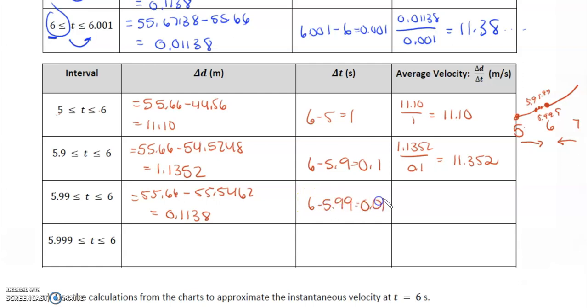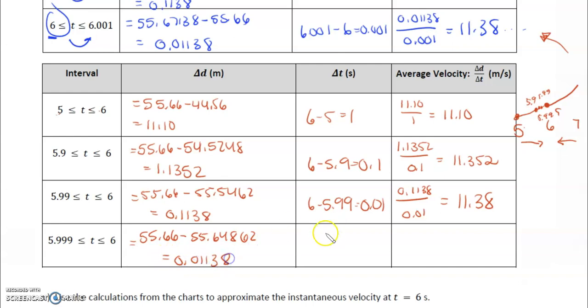This is a difference of 0.01. So we get 0.1138 divided by 0.01, and I get 11.38 again. Wow, super similar. We saw that up here. And 55.66 minus 55.64862 gives 0.01138.